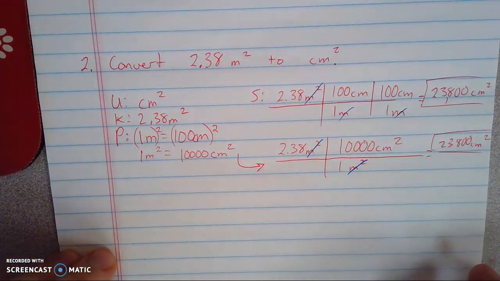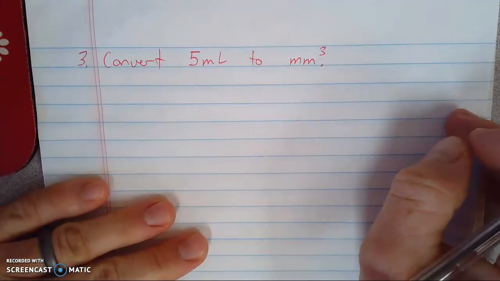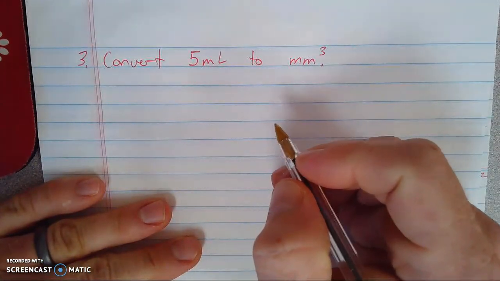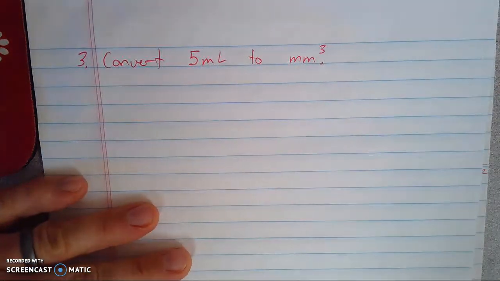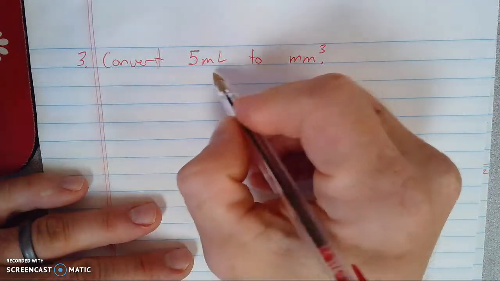All right, so let me flip over and we'll do one more problem together. And this one is certainly the most complicated of the problems that we've done so far. So we're going to convert 5 milliliters to millimeters cubed. This is something we haven't done before.